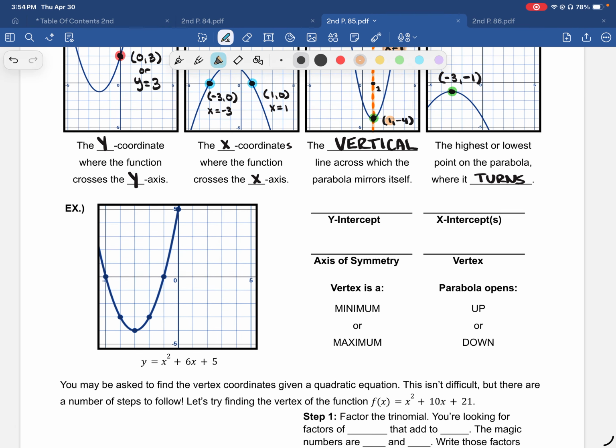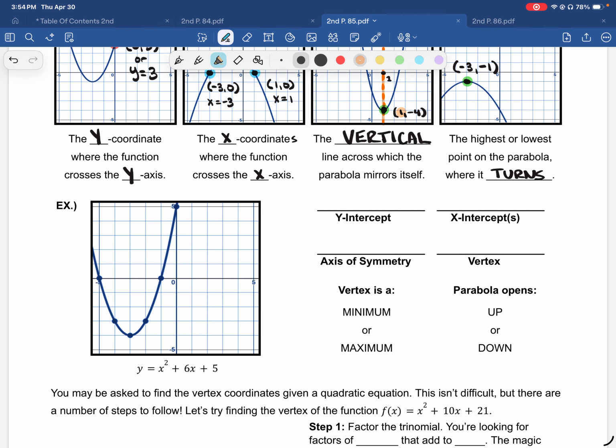So let's see if we can identify these key features. The y-intercept is that point way up here, where it crosses the y-axis at 5. You can just write y = 5. You could have put the ordered pair 0, 5, but it doesn't matter. The x-intercepts, I see 2 of them. I see one there and one there.